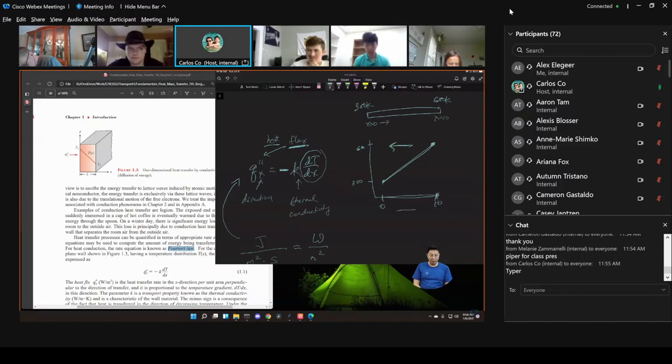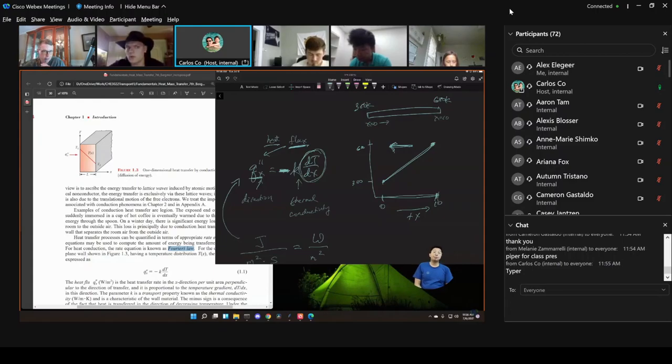This is the direction of positive x. Our heat flux is in the negative direction. Did you see? Heat flows from hot to cold. So it's going to be the negative of the gradient. And so this derivative here, you got the negative because the heat flux is going from higher temperature to lower temperature. This negative sign here is absolutely crucial.